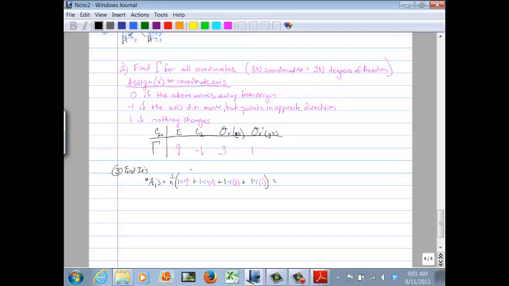This gives me 9 minus 1 plus 3 plus 1, which is 12 over 4. And I forgot to put here that H is equal to 4. So that gives me 3 A1 irreducible representations.